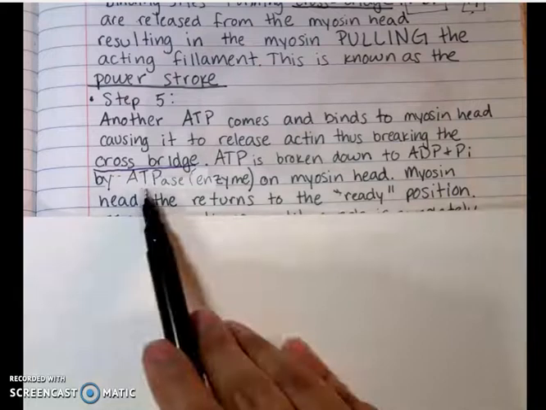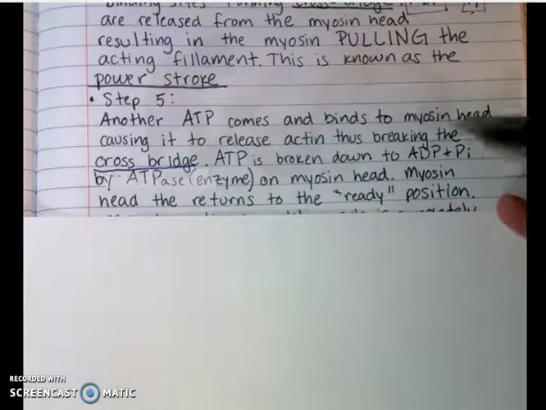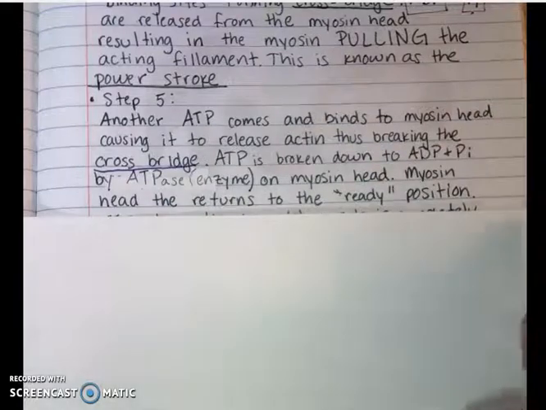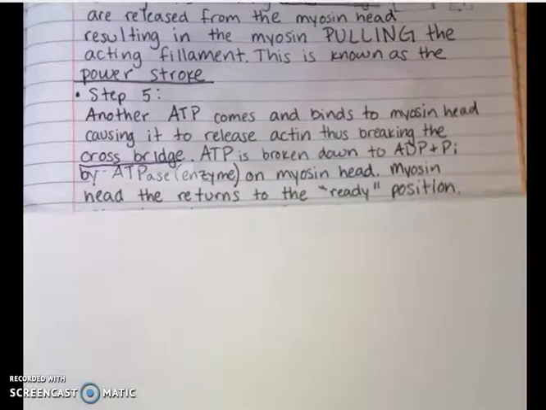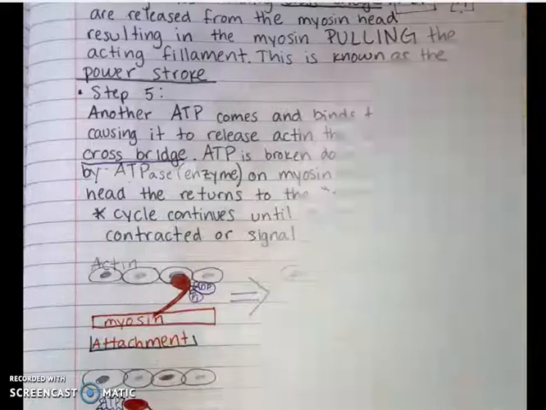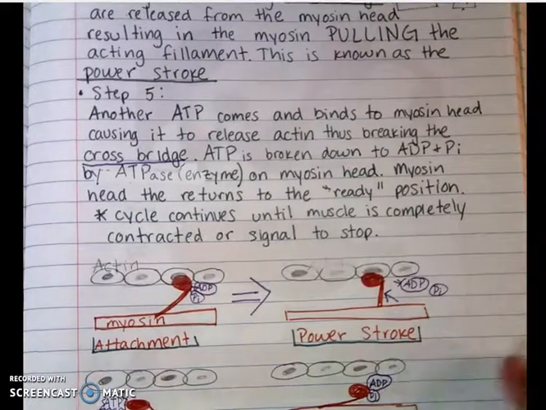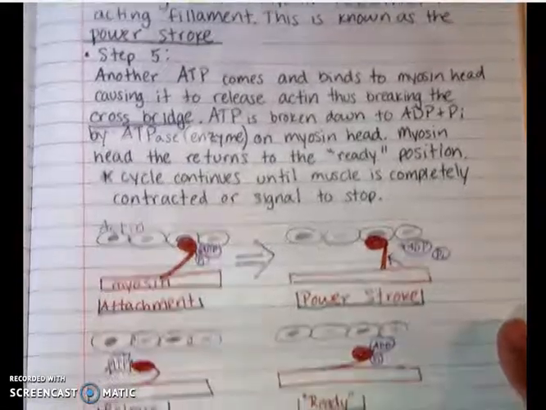It's done by an enzyme found in the myosin head. Once the ATP is broken down, it causes the myosin to reposition itself back to the ready, or cocked, position. And this cycle is going to continue over and over until either the muscle is completely contracted or you get a signal to stop.